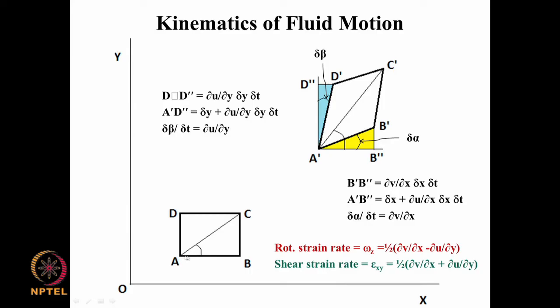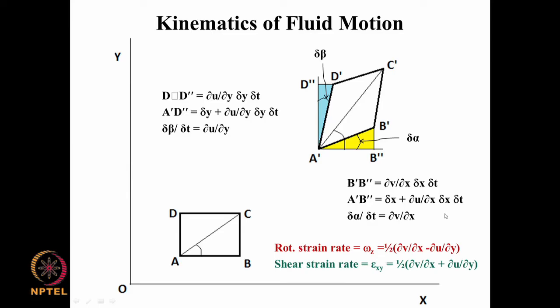Extensional strain rate is the rate at which the distance is increasing. For example, if you say that a prime b double prime is this and ab is delta x, then the rate at which the distance is increasing is this minus this divided by delta x delta t. So, this minus this will give you ∂u/∂x times delta x delta t, the amount by which the distance between AB has changed over delta x over delta t.